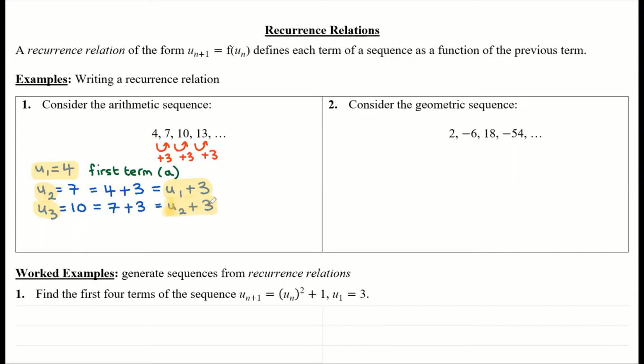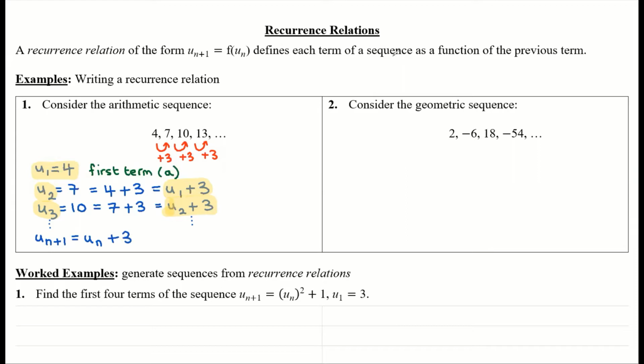So how could we generalize this? Well, it's actually quite simple. If we continue the idea, if I want to create a new term, let's call it U(n+1), it's exactly the same as taking the previous term, Un, and adding 3 to it. So what we do is we define our recurrence relation in the following way.